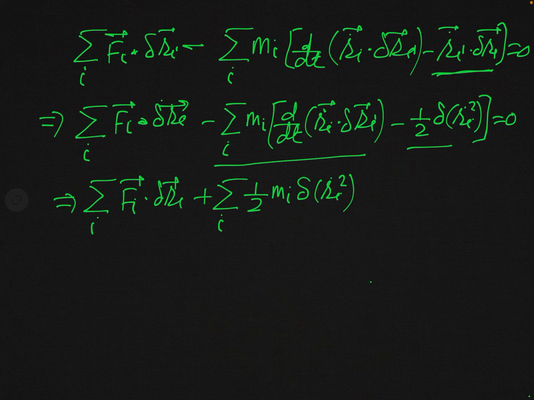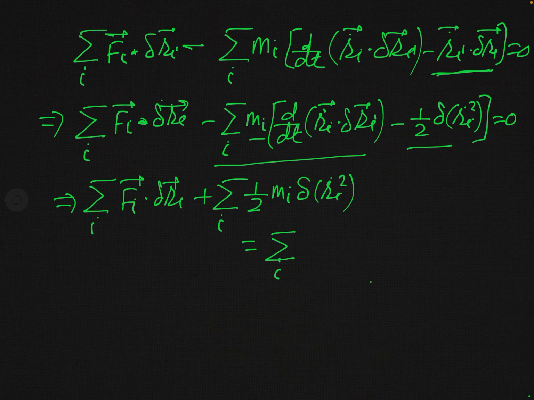So after bringing this term in RHS, this will be equal to summation over i. As you know, in classical physics, mass of a particle is treated as constant. It is not a function of time. So you can take this mi inside the operator d/dt.